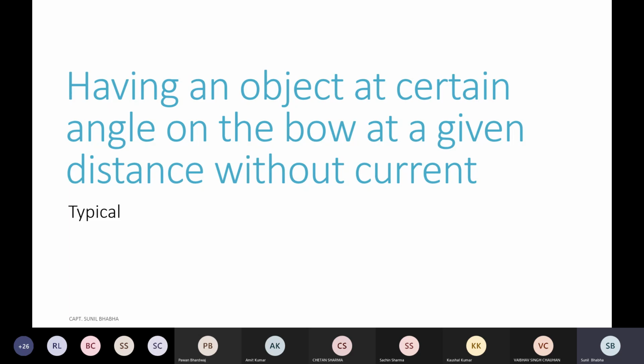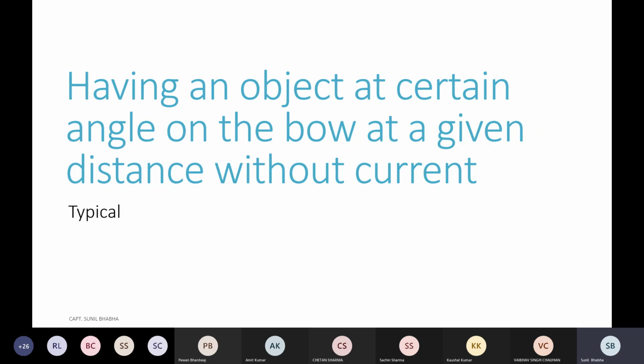So this is a typical kind of question, slightly different from what we have done in earlier questions, because in this question, before we go onto the chart for actual plotting, we have to make a rough diagram and do some work before plotting can be done.